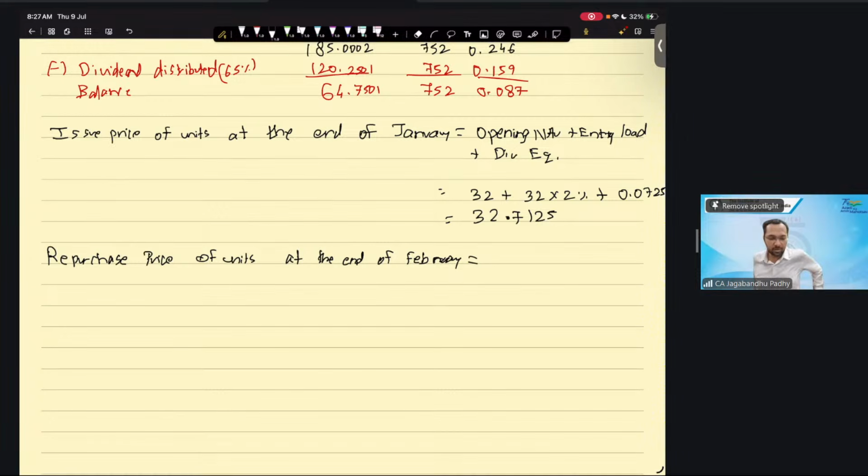So what's the repurchase price of units at the end of February? Formula will be opening NAV minus exit load plus dividend equalization.